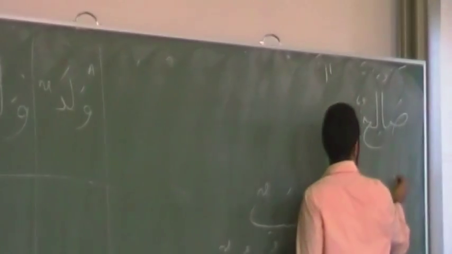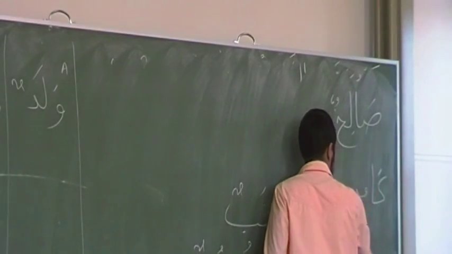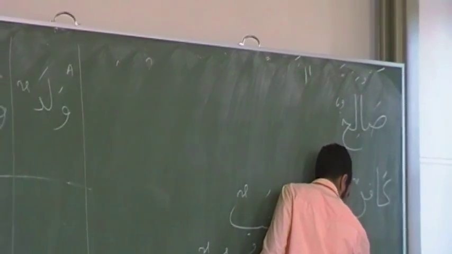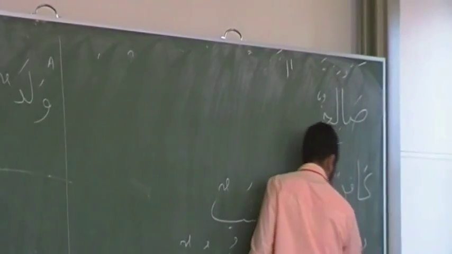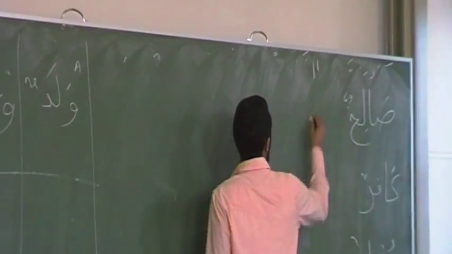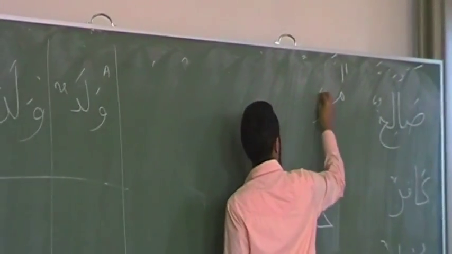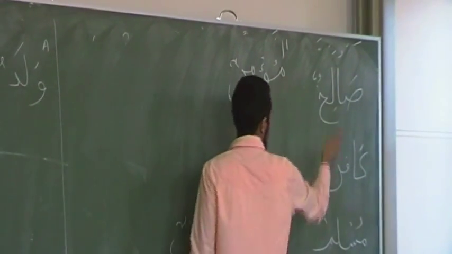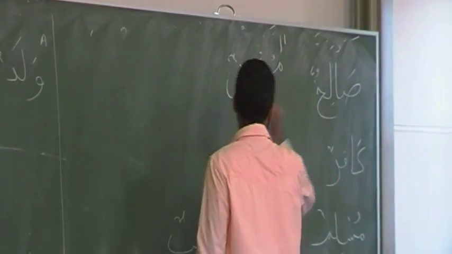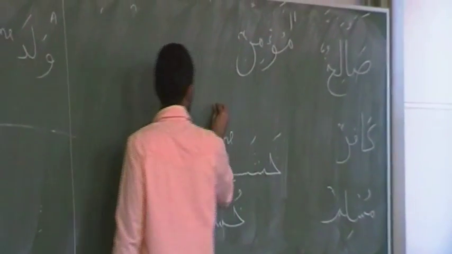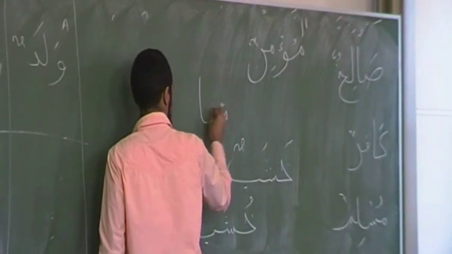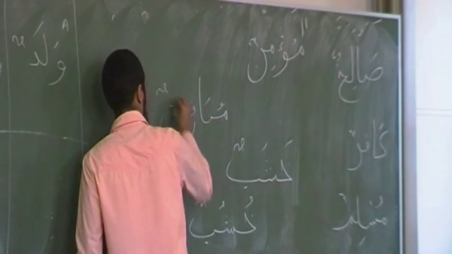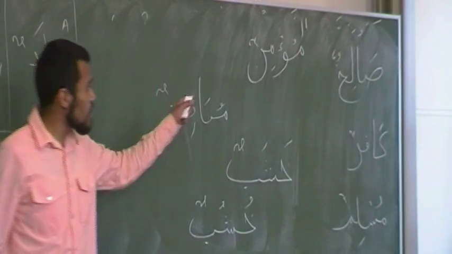Salihun, kafirun, muslimun, mu'minun, munafiqun. Okay, there's five. Salihun.